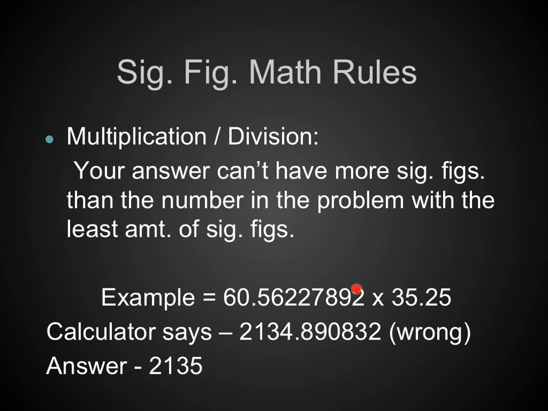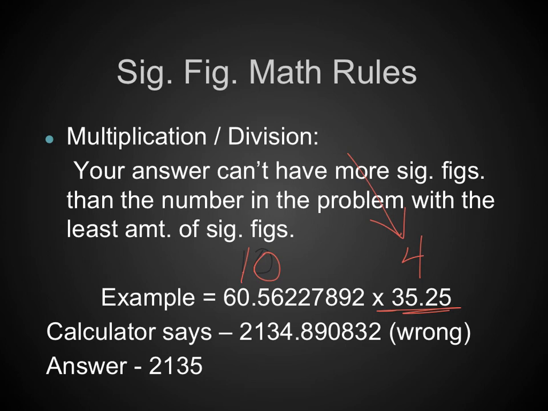So this has 10 significant digits. Let me just write that down for us. Break out my little pen. Alright, so, of course, it's in a different color. Alright, so that has 10 sig figs. This number right here has 4 significant figures. Our answer cannot have more than 4 significant figures when we are done.